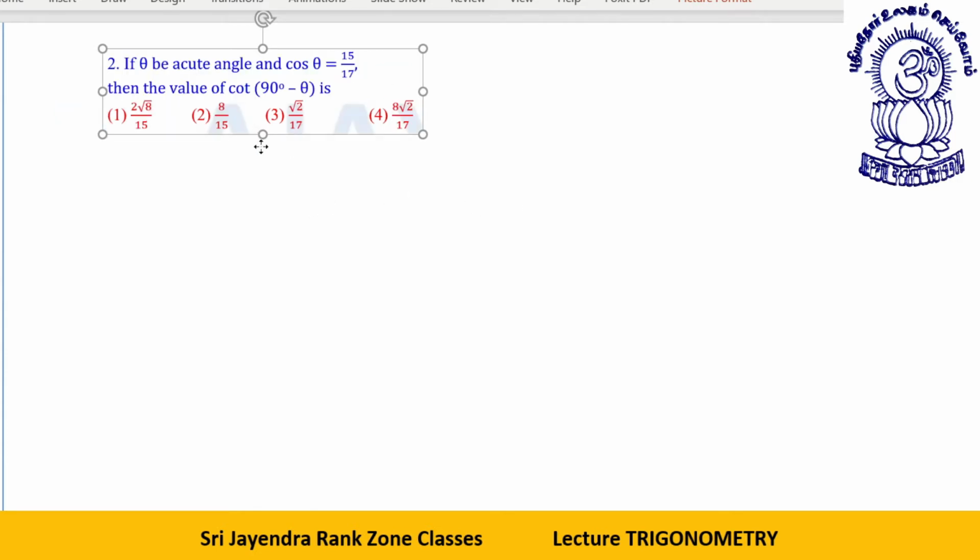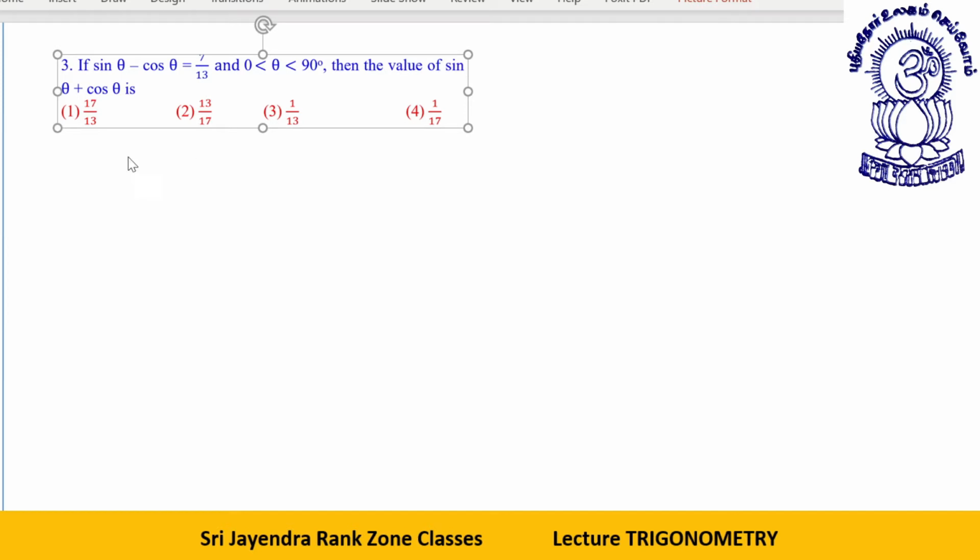We have done this. I'm sorry. And the next one we have is sine theta minus cos theta is equal to 7 by 13. Then you have to find the value of sine theta plus cos theta. Yes, and you can apply a small logic. What is sine theta?